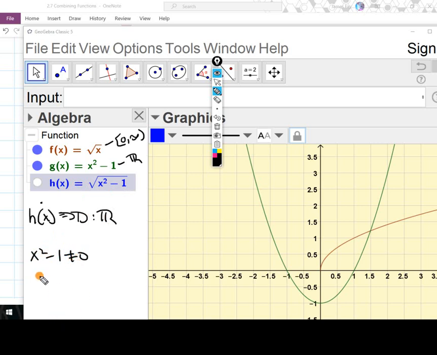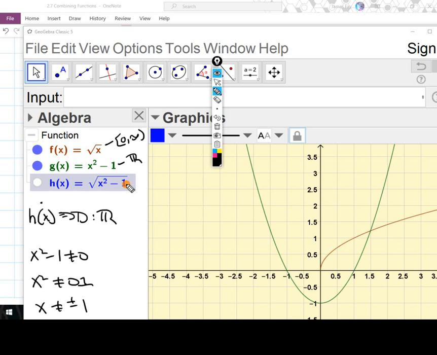Well, that means that x squared cannot be 0, and there's really a better way of doing this. x squared cannot equal 1. So then x cannot be plus or minus 1, right? So those are two situations that I've got an issue for. But even think about it this way: is x allowed to be 0?